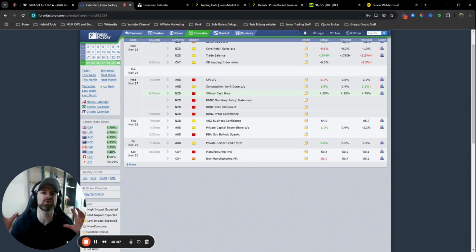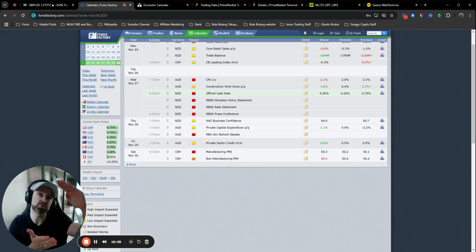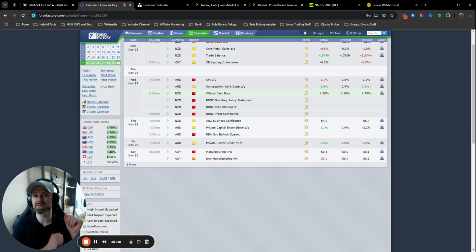If I'm purchasing hundreds of millions, hundreds of billions in NZD, it means there's a massive demand for the NZD currency, which means the strength goes up, right? When I'm selling them off, there's a massive supply and no demand, which means the currency comes down, showing weakness.